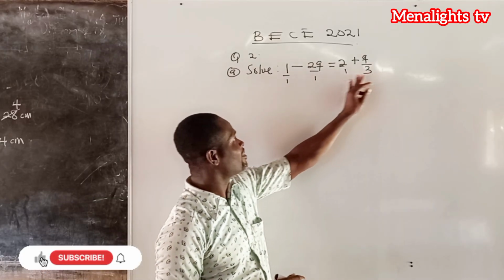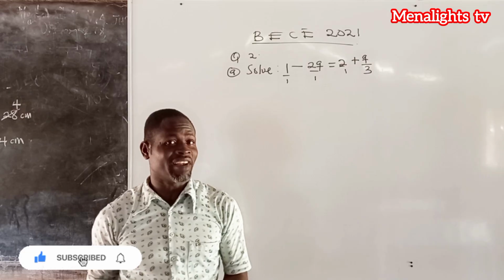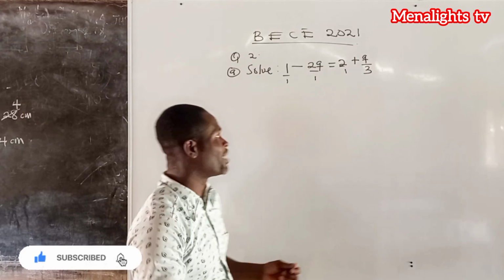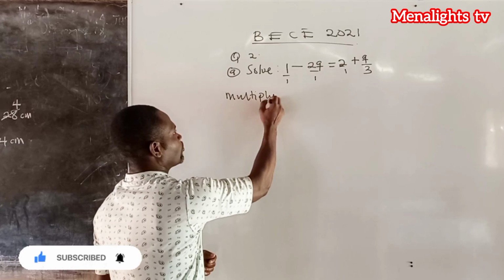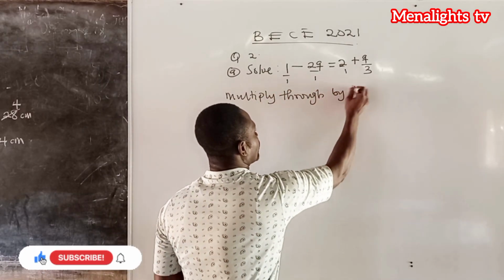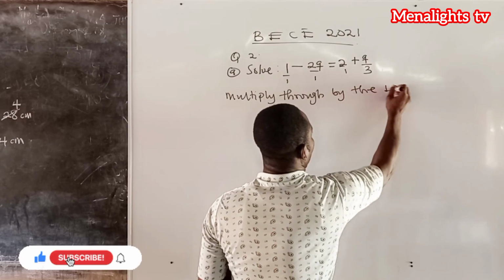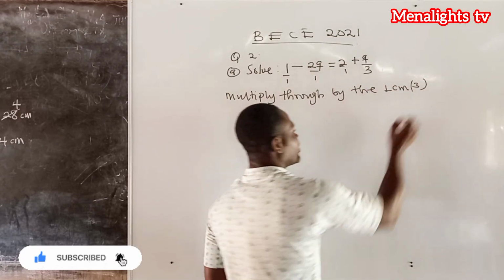Now that we have this fraction, what we have to do is find the LCM of 1, 1, 1, and 3. So the LCM for 1, 1, 1, and 3 is 3. So what we have to do is multiply through by the LCM, which is 3.